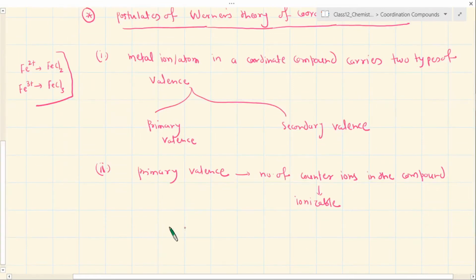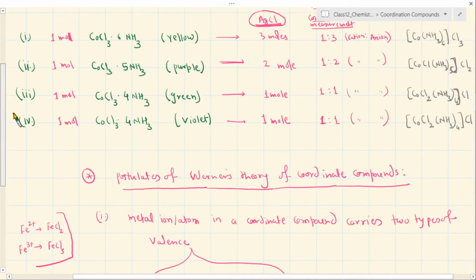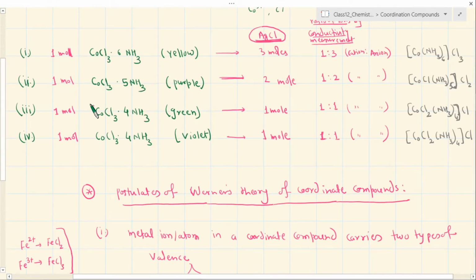Okay. So normally in your book, if you look at his proposal, Werner originally said that these counter ions are only negative ions. Why? Because in some of his coordination compounds the counter ion was only chloride ion. Okay, and the big entity was a positive ion.